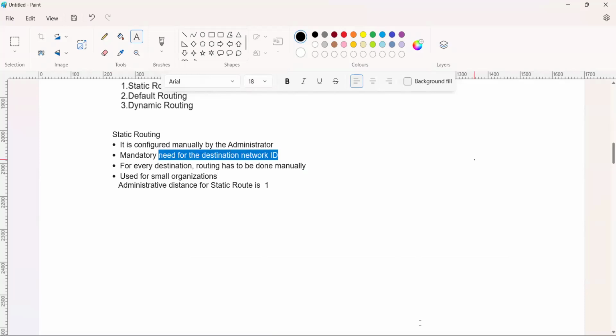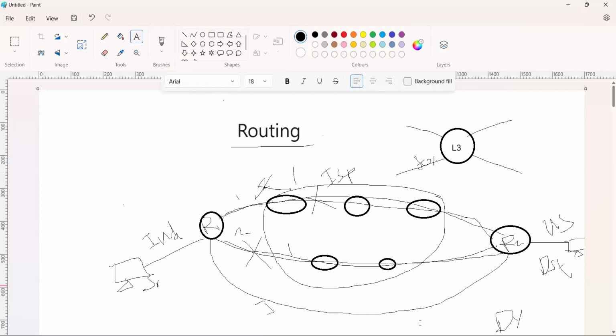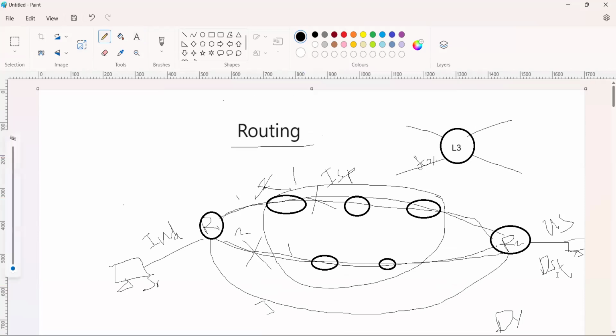First, it mandatorily needs a destination ID. As I mentioned here, on top of that, this is a source IP address and this is a destination IP address. Whenever we plan to configure static routing, we have to know the destination IP address.